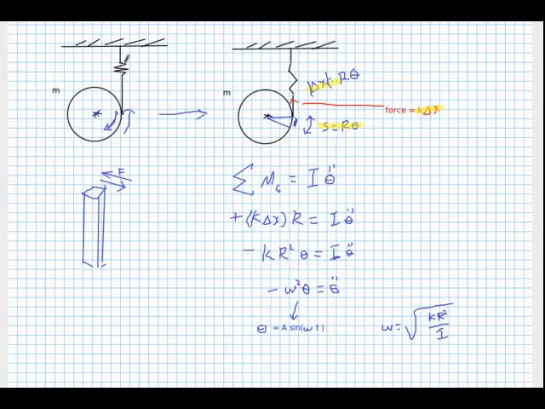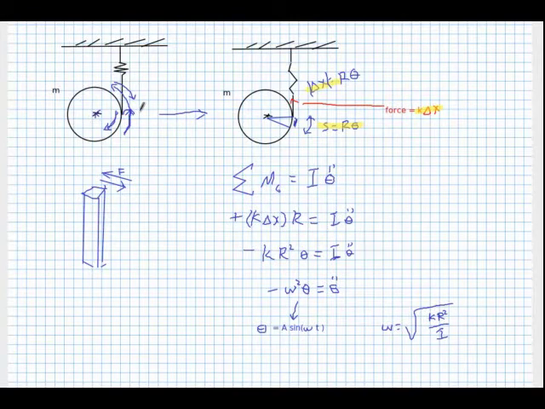That's going to cause this spring to be longer, so there's going to be a moment causing it to want to twist back in the counterclockwise direction. And if it overshoots, so if it twists past the original position, that'll cause the spring to be compressed, which will tend to make it push down, causing a moment in the clockwise direction. So we have a situation of this disc on a spring similar to the skyscraper.